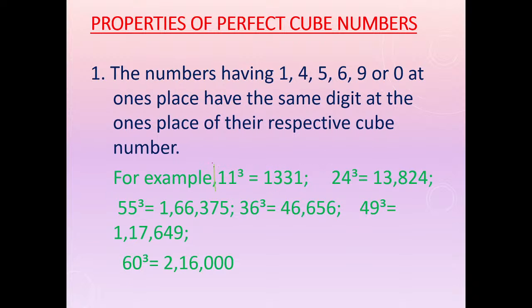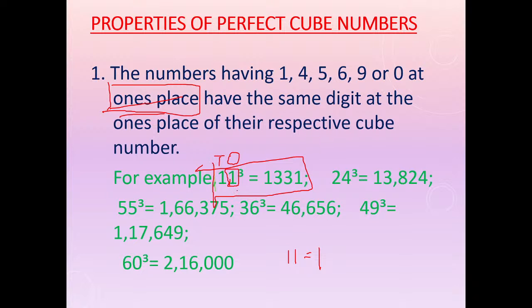If I say 11 as my number, now what is the ones place? Ones, tens. Now what is the number in my ones place in 11? Which is 1, right? They have told only about the ones place, they didn't talk about the tens place. So here my number is 1.